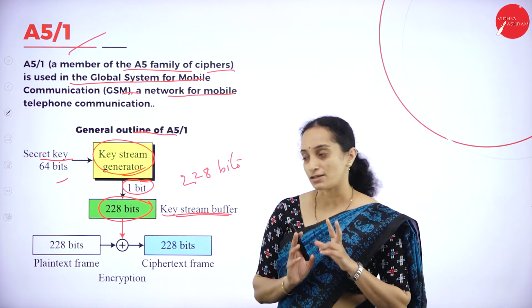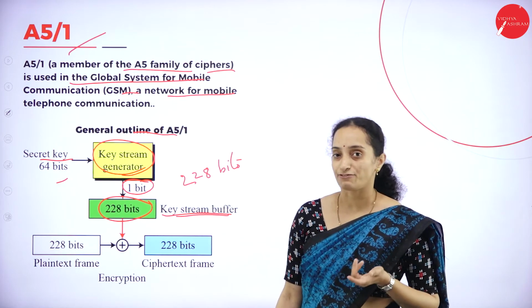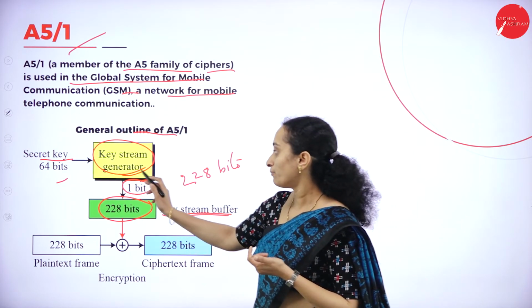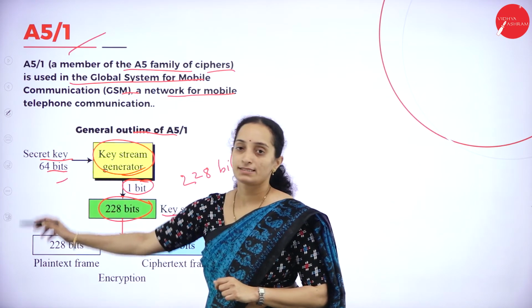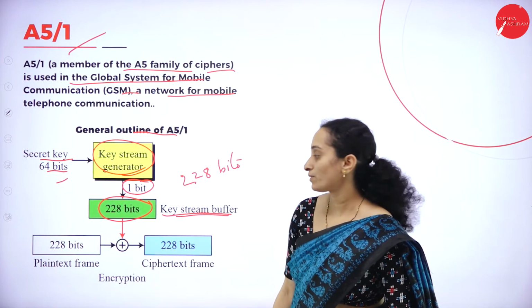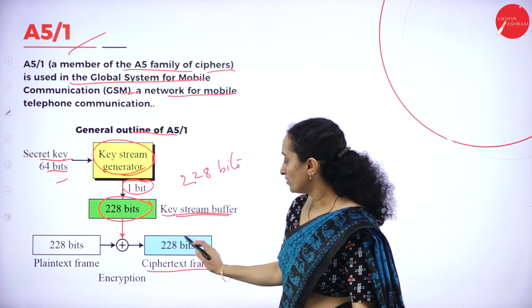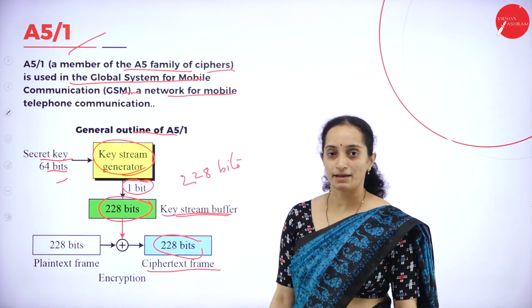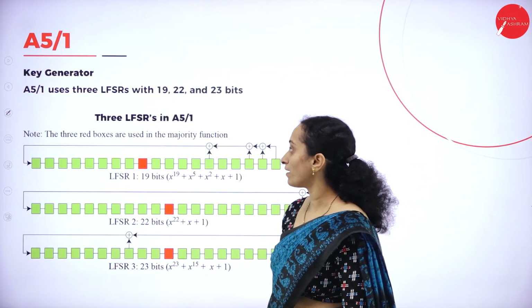The XOR operation generates cipher text with the 1 bit of secret key that is used from the 64 bits. So you will get a cipher text frame of 228 bits. Okay, this is the A5/1.